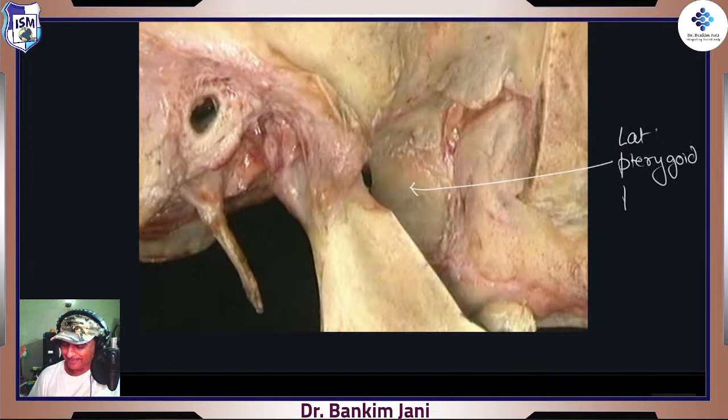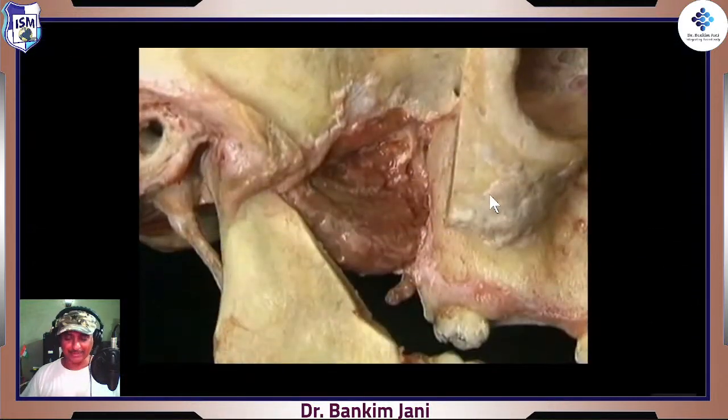Now say, to be honest, what really happens when you dissect, right? There would be muscle. So you take a photograph, then you remove that muscle, you take another photograph, right? So here it has been done in reverse, just to show first the lateral pterygoid plate, and then obviously the muscle won't grow back, right? Here it is, here it is. This is the muscle, right?